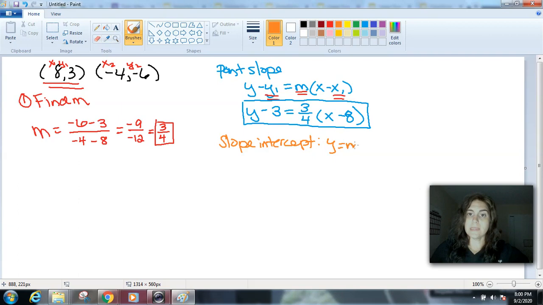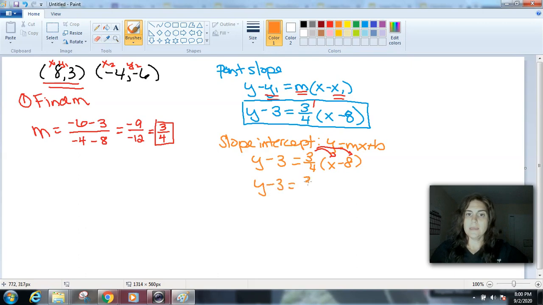All right, slope intercept is y equals mx plus b. Yes, I can plug things in, find b, replug in. That's fine. Or I can take what I just got, y minus 3 equals 3/4 (x minus 8), and transfer it into slope intercept form. Super easy. You're going to distribute this into our parentheses.